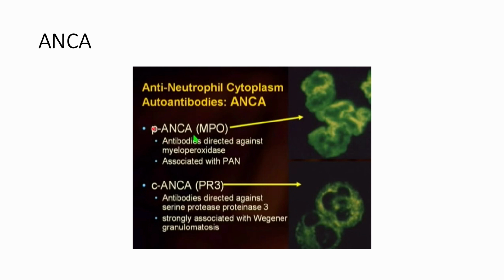P means perinuclear, so it's around the nucleus. Or it can be cytoplasmic ANCA, c-ANCA, or anti-PR3. So it's directed towards a serine protease, proteinase 3, and this is associated with granulomatosis with polyangiitis, formerly known as Wegener's granulomatosis.